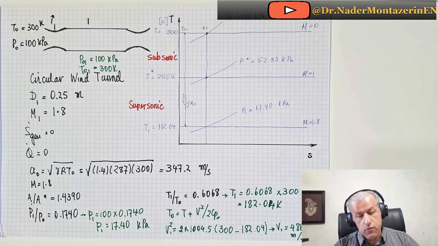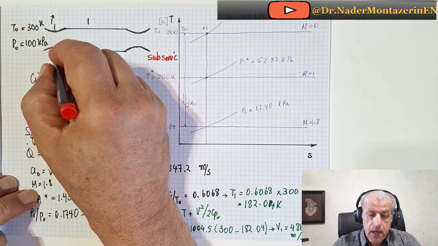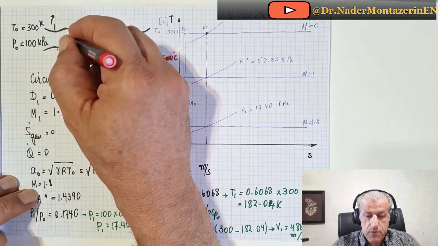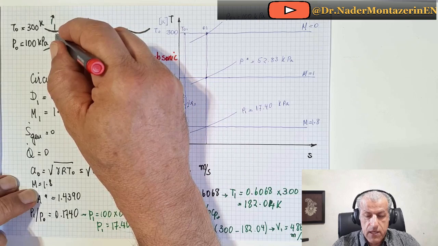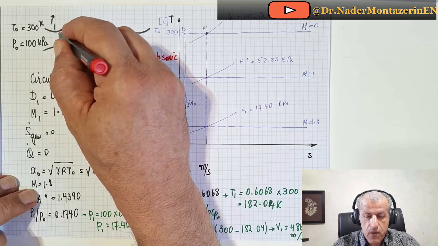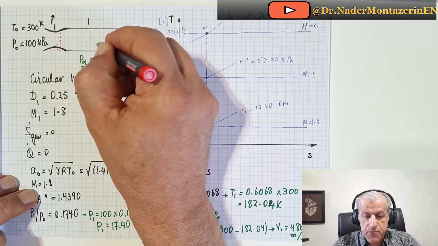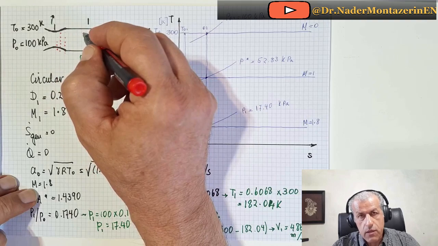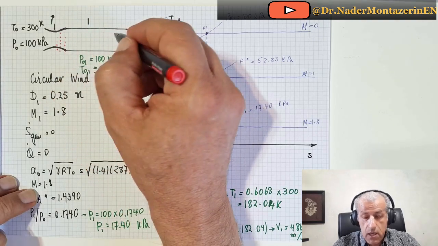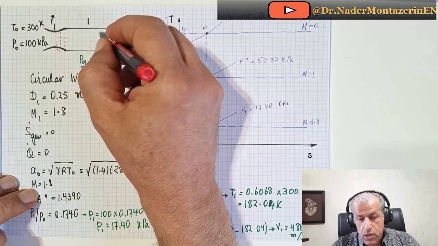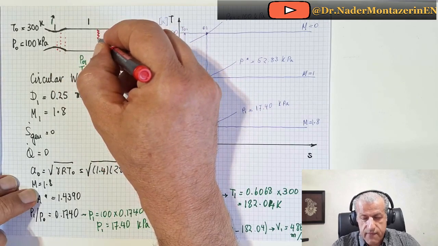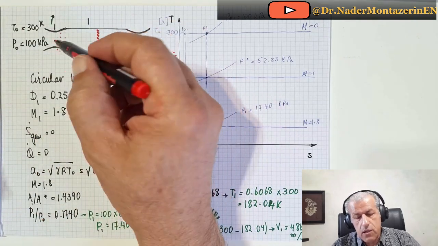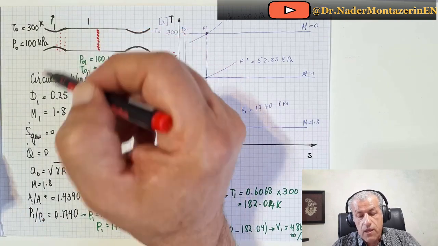So there would be a shock wave here, and then here, and then here, and there would be a shock wave at any of these stations, okay? And by reducing the pressure downstream, the shock would move down, okay? The shock would be sucked down, and then it would come to the test section and would stand somewhere here. So when such a wind tunnel started, there would be a shock wave here.